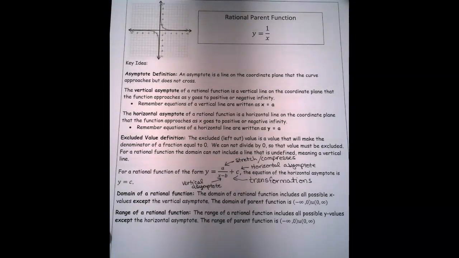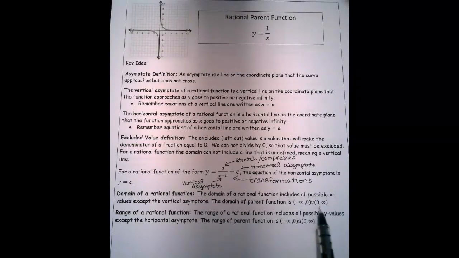Now, a couple of other things you need to know. The domain of a rational function is all possible x values except the vertical asymptote. So when we write the domain, we write from negative infinity to whatever number is being excluded, or to where the function is undefined. And then we have this little u, we call it union, and then to the right, so 0 to infinity.